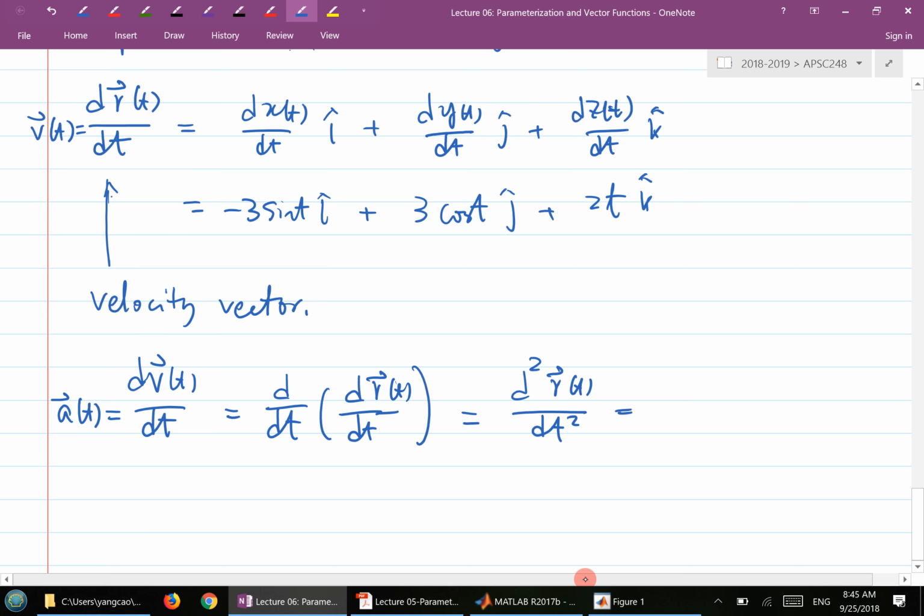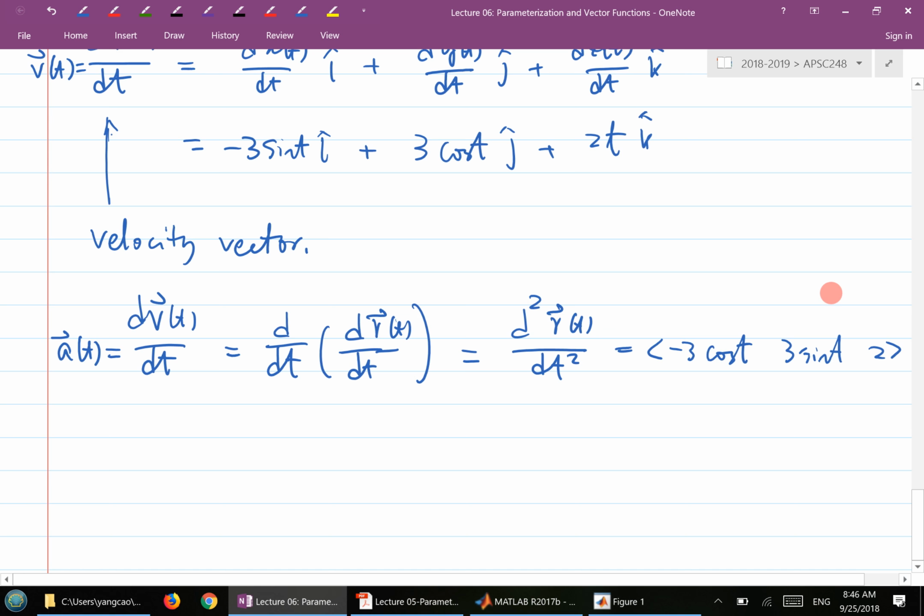You take the derivative of each component, and I end up with -3 cosine t, 3 sine t, and finally 2. That's the acceleration vector.